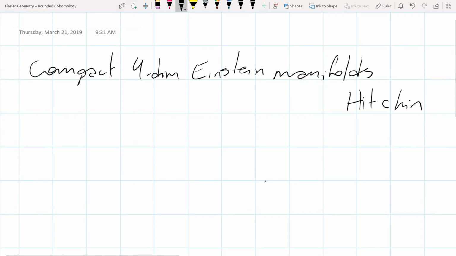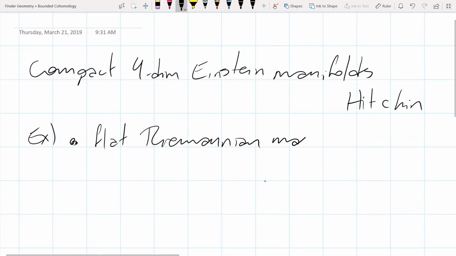And we'll begin by saying a little bit about the most common examples of spaces that are compact four-dimensional Einstein manifolds. The first one is simply flat Riemannian manifolds. So you're thinking about a 4-torus or a Cartesian product of 2-tori and stuff like that.